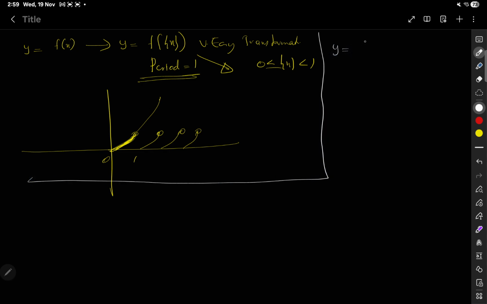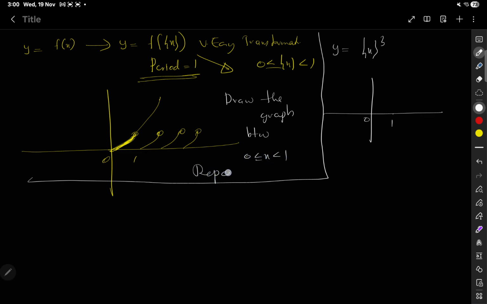Y equal to fractional part x whole cube. So what to do? Draw the graph between 0 to 1. Then repeat it. That's it.